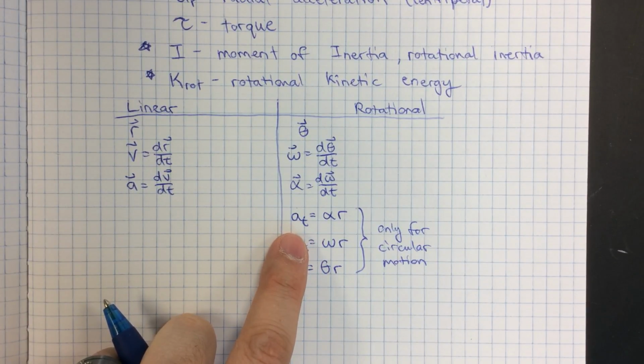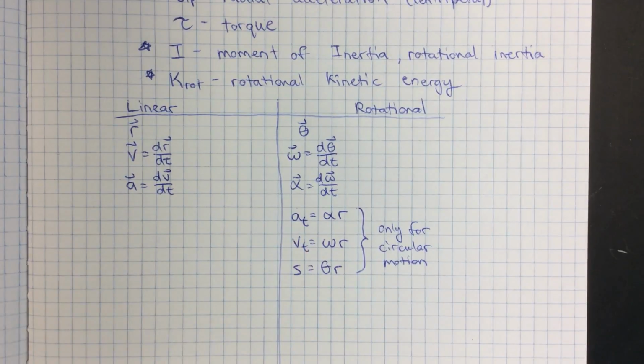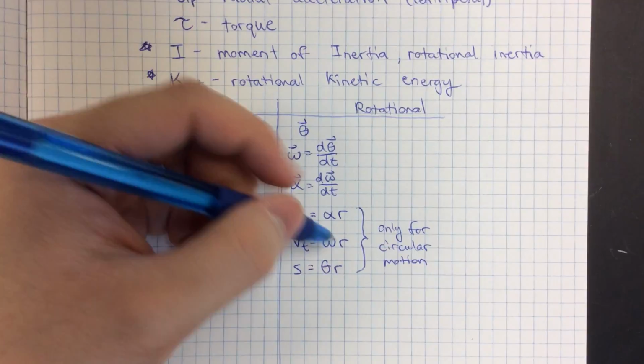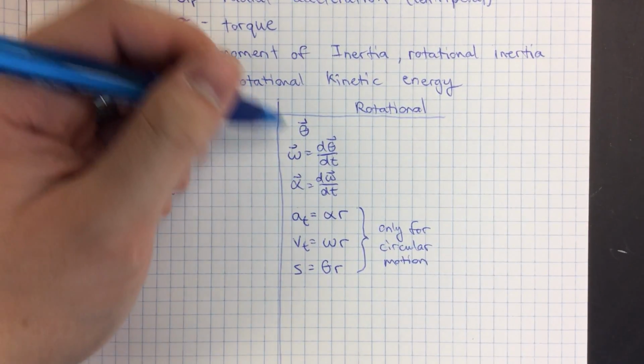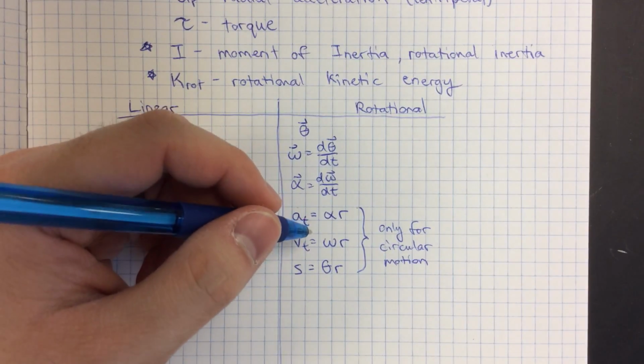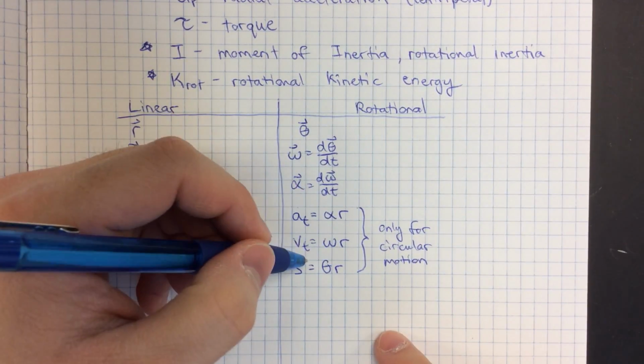When we get to gravitation next unit, orbits are elliptical. They're not perfect circles, which means sometimes you're coming a little bit in, sometimes you're cutting a little bit out, which means you're not moving perfectly perpendicular to your radius, and then you can't use this stuff. It doesn't work.